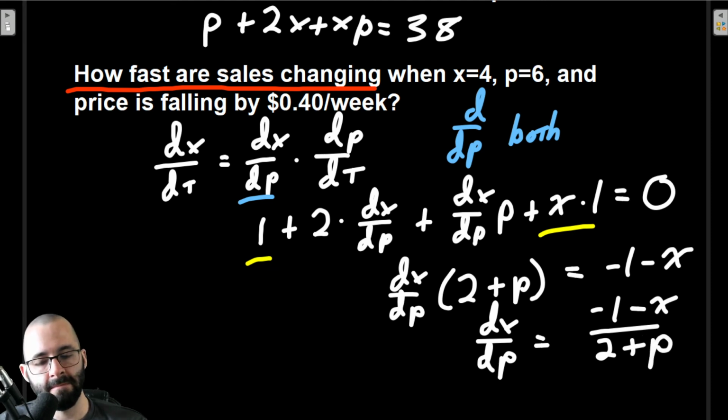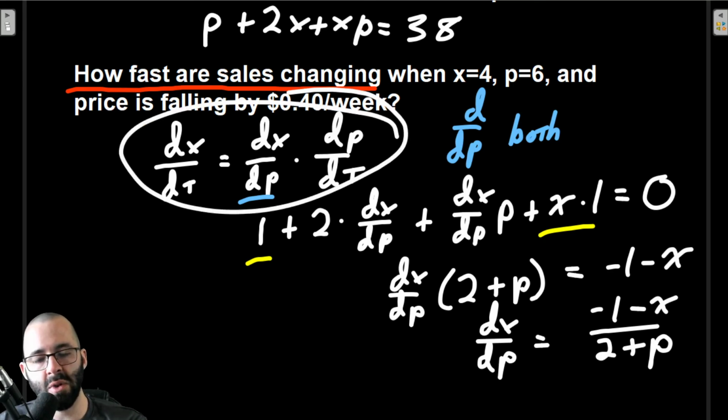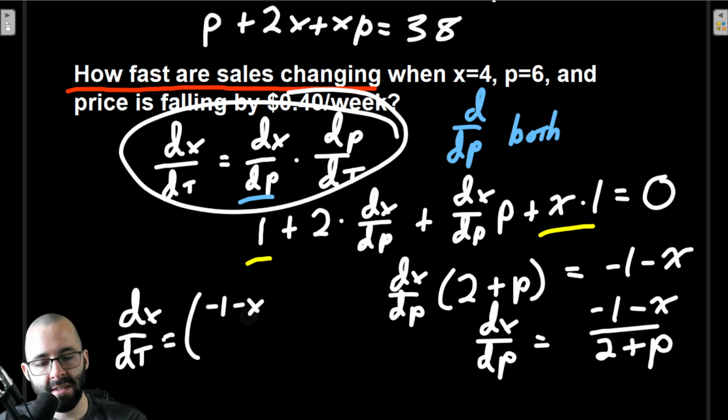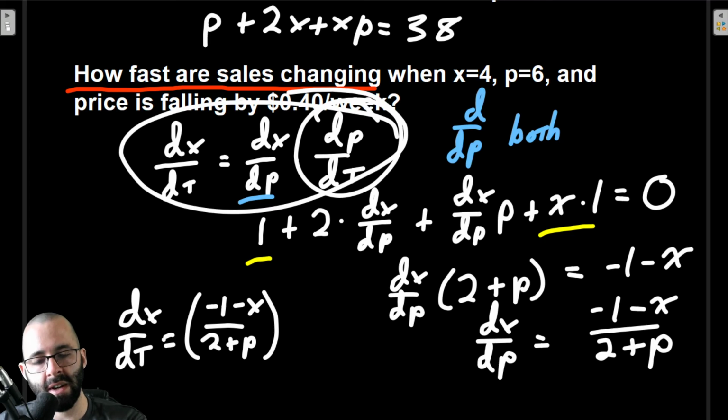So we're almost done. Right, now we can plug into this formula. Oh, that's not what I wanted to do. And now I can't undo it. So dx/dt is going to be dx/dp, which we just found, right? (-1 - x) over (2 + p) times dp/dt, which is right here.